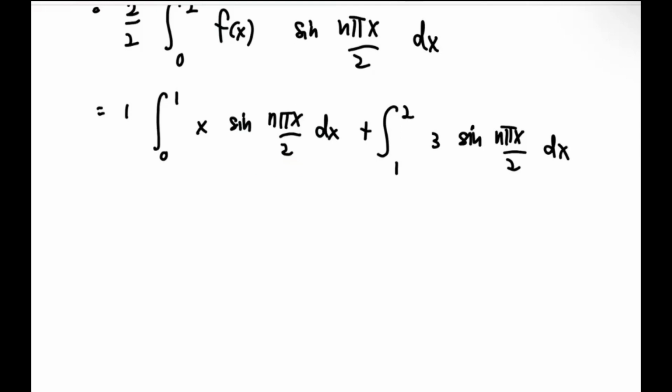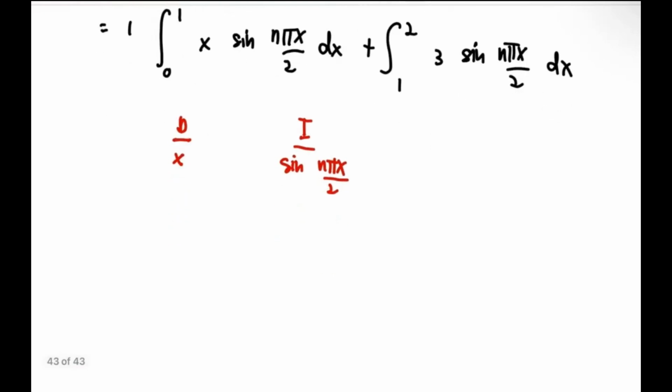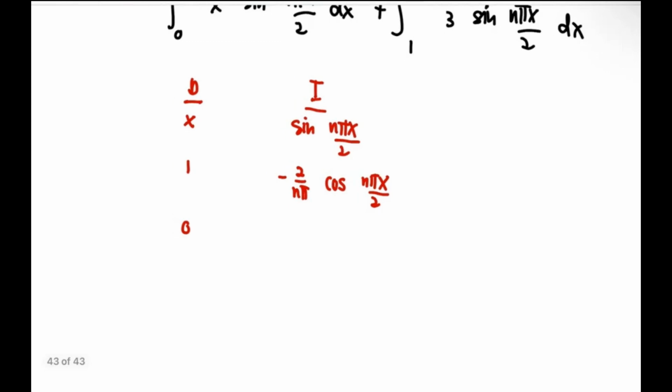So for the tabular method, let's use red color. So differentiate, integrate. Differentiate x, integrate sine n pi x over 2. So differentiate x, you get 1. Differentiate 1, you get 0. Integrate sine, you get negative 2 over n pi cos n pi x over 2. And then integrate again, negative cos, so you get negative sine, negative, negative.